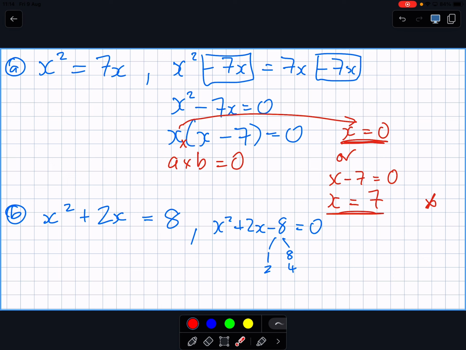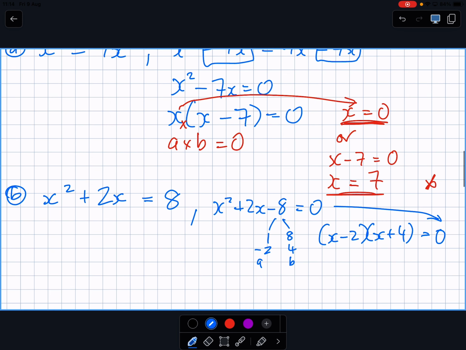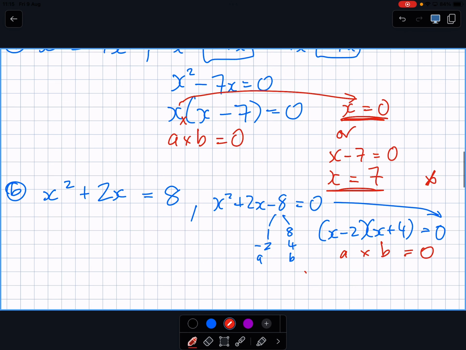So this factorizes to x take 2, x plus 4, and it still equals 0. We didn't do anything on that side. So suddenly we have null factor law. Do I have two things timesing together that equal 0? I've got one bracket on the left that equals 0. I've got one bracket on the right that equals 0. So my options are x take 2 could equal 0, or x plus 4 could equal 0.